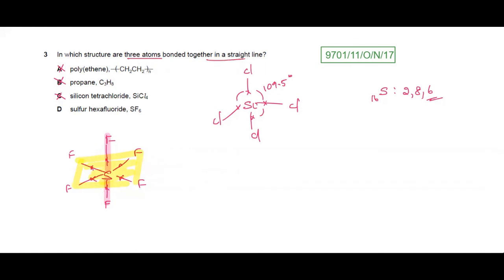For instance, let me highlight it once again. Fluorine, sulfur, fluorine. All of them lie in a straight line, diagonally opposite to the corners of a square. This is basically because this is having an octahedral geometry.